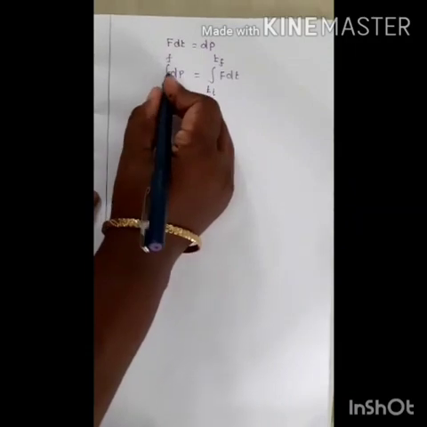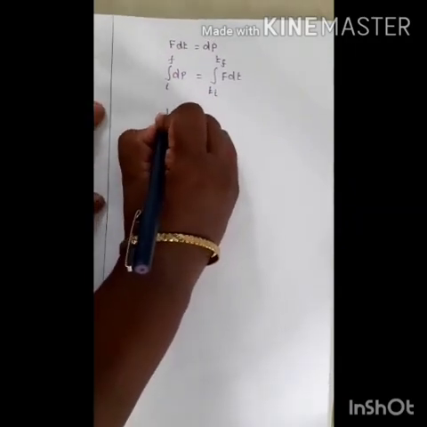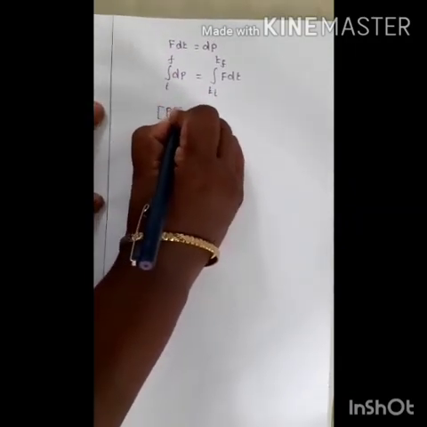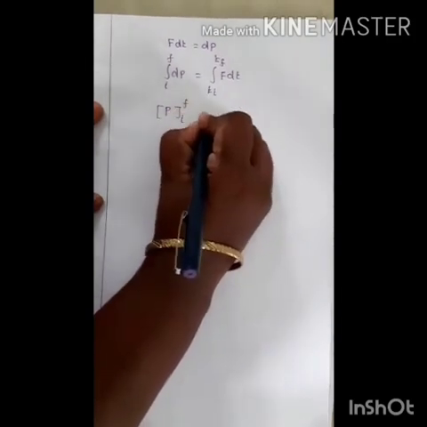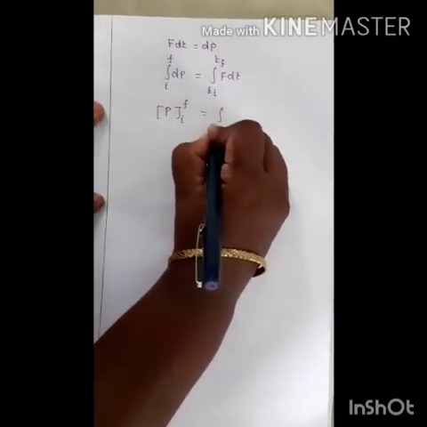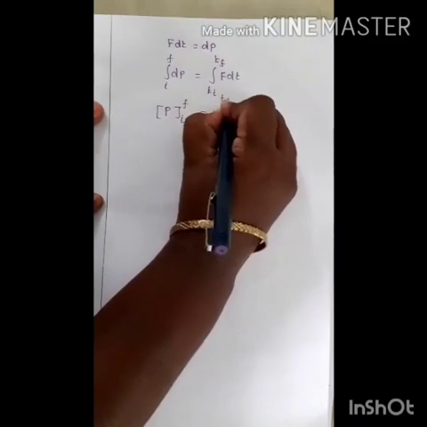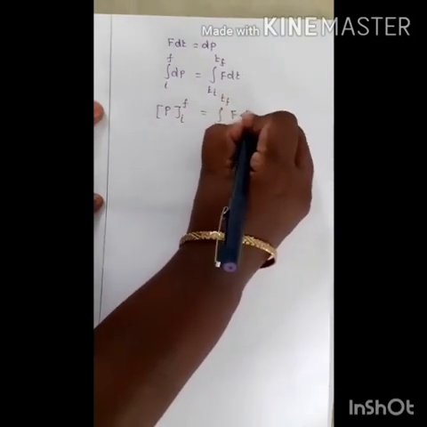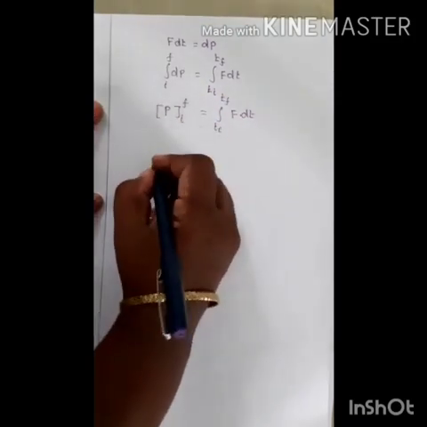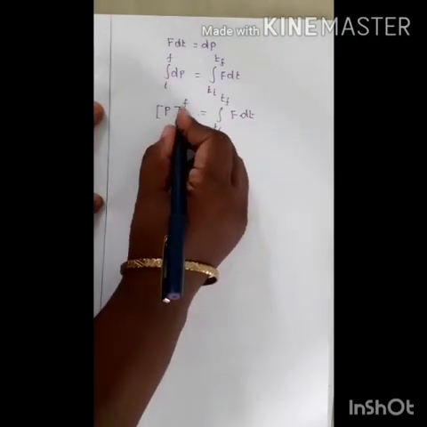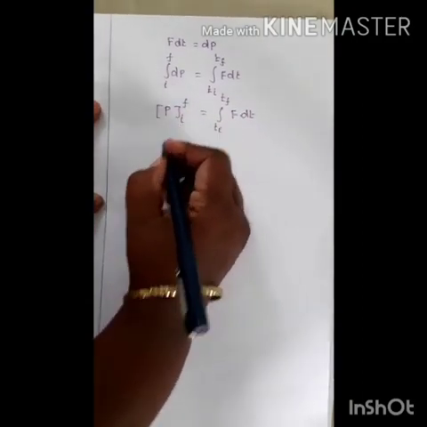Therefore, applying the limits, the equation becomes the integral from t_i to t_f of F dt. We apply the upper limit value minus the lower limit value.